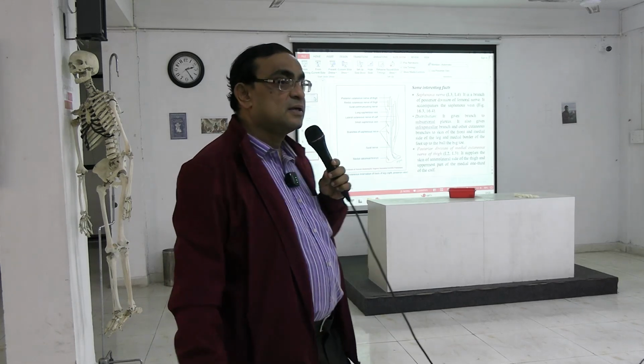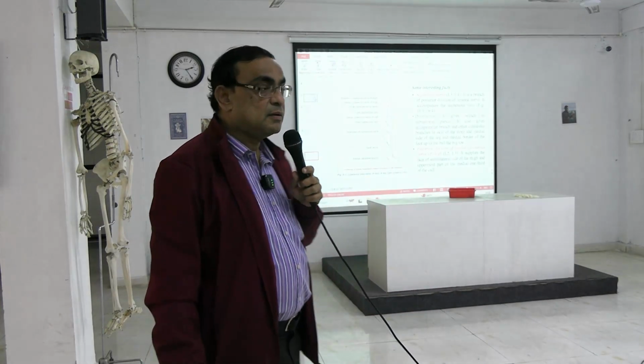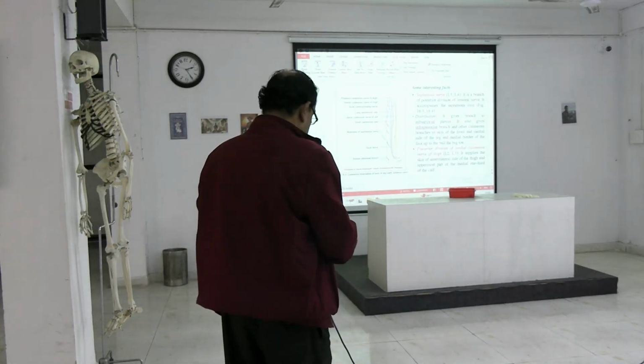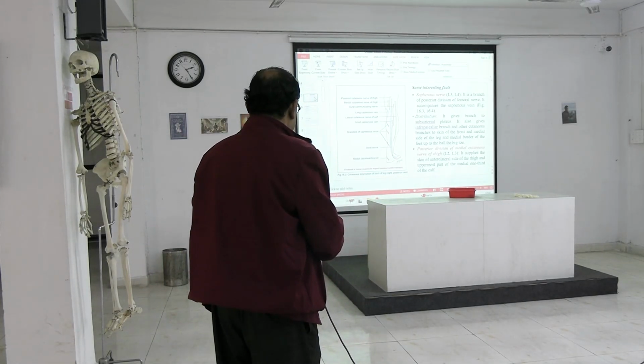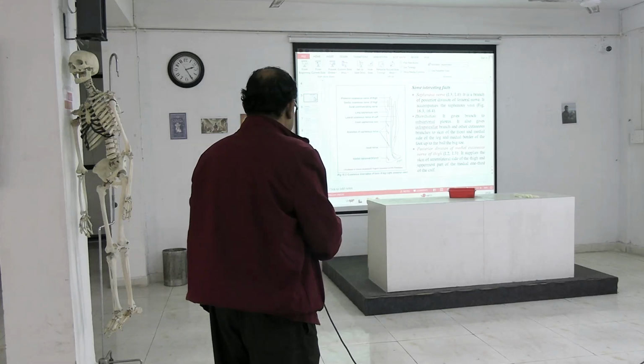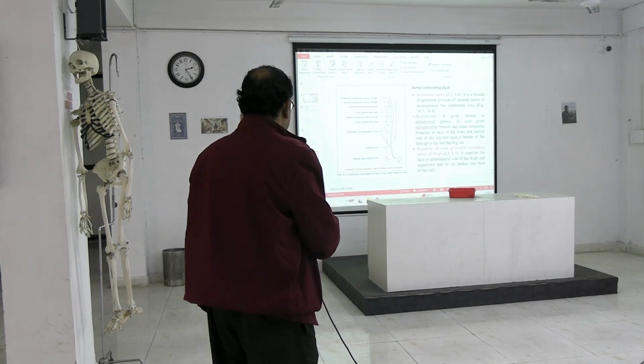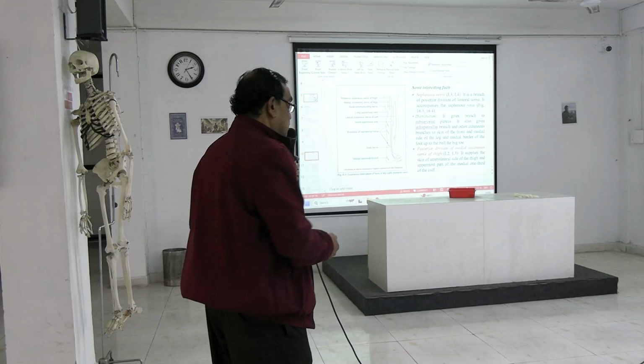Here you can see the superficial vein from the lateral side of the dorsum of the foot. We can see there is a continuation just behind the lateral malleolus. That is this vein, which is the short saphenous vein or small saphenous vein.